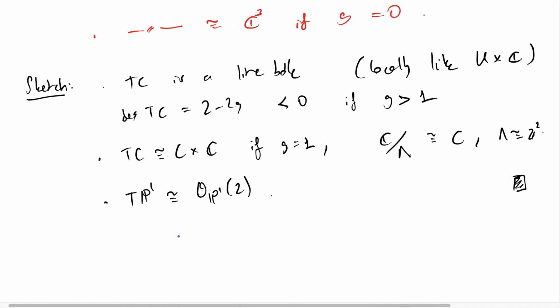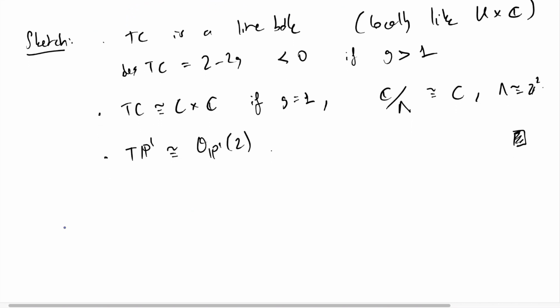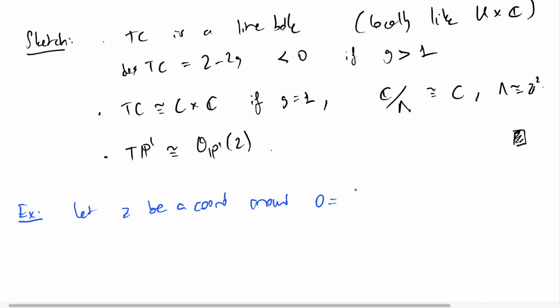Okay, with what I've said, you can only handle TP1 easily, and it's a good exercise to play around with this. So take two coordinates, one around 0 and one around infinity. So let Z be a coordinate around 0, so maybe 0, 1.